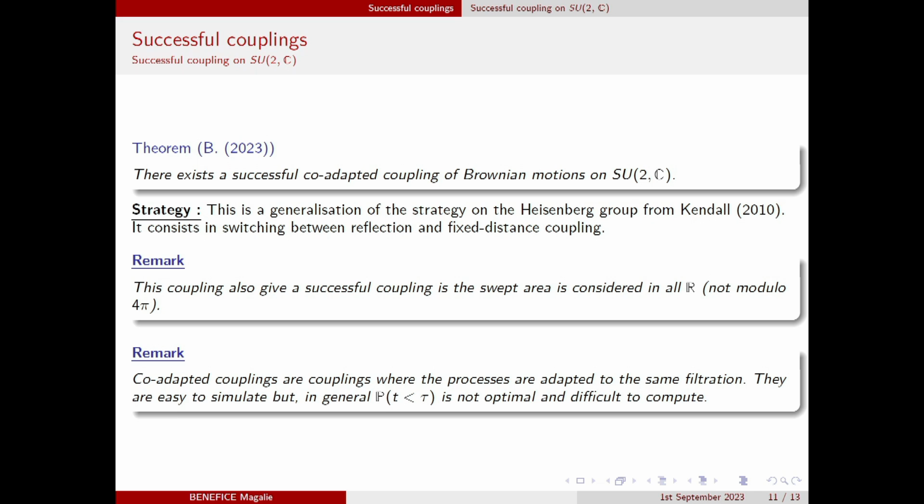The coupling I will give just after won't be the same. But in probabilistic terms, it's clear that the processes are adapted to the same filtration. And co-adaptive couplings are easy to simulate, but in general the coupling rate is not optimal and is difficult to compute. Here, I don't have it for the moment.